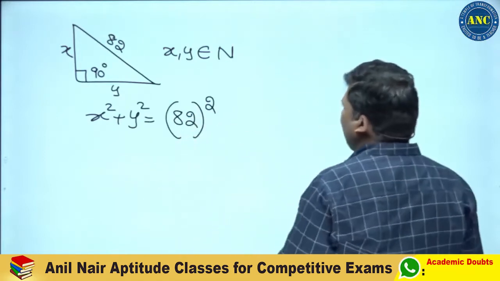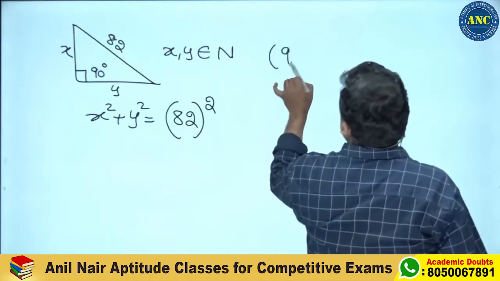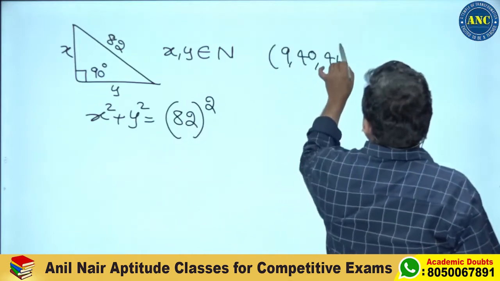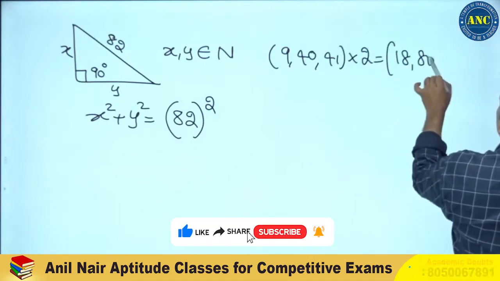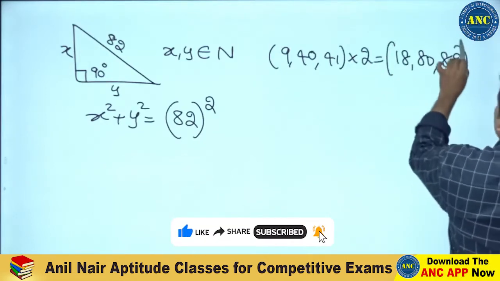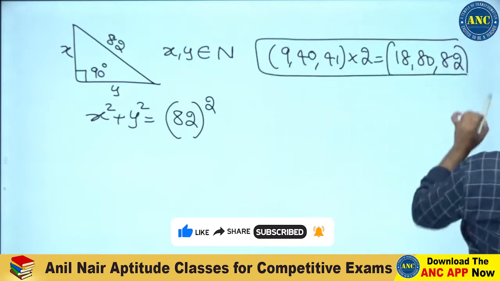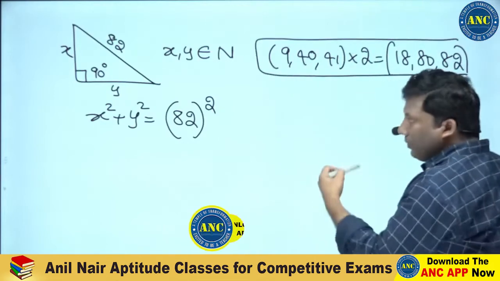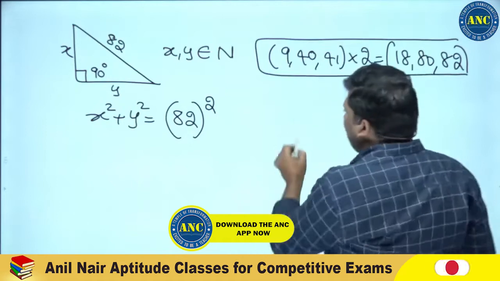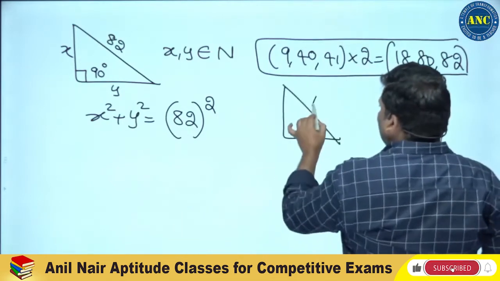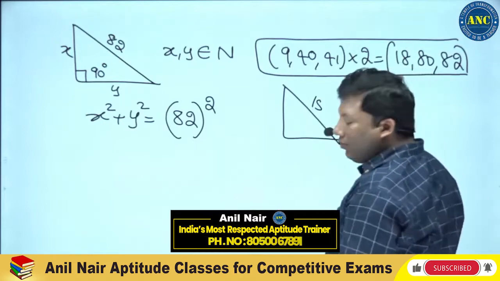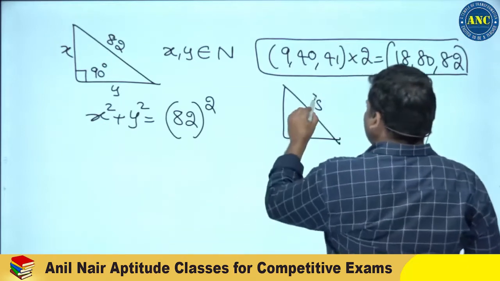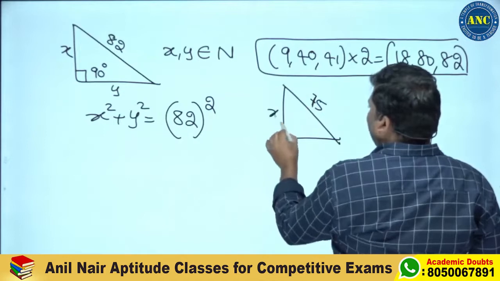One way to find it out is 940/41 into 2, which is 1880/82. The idea behind telling this logic is, suppose I give 75.